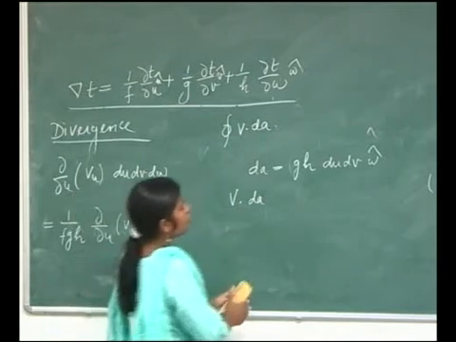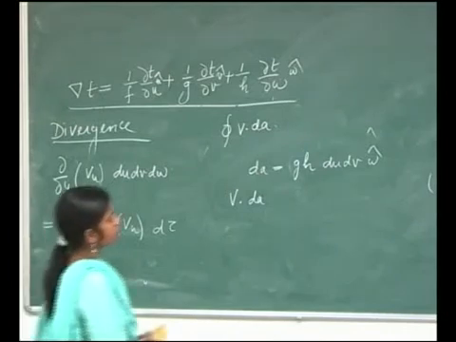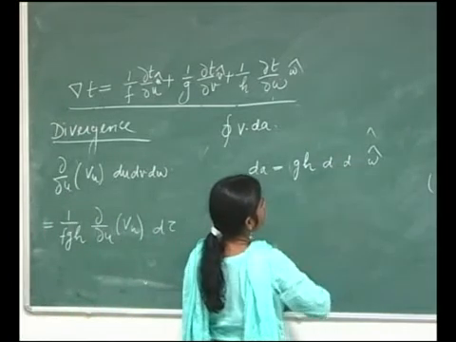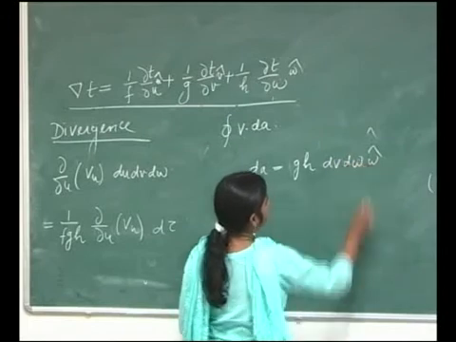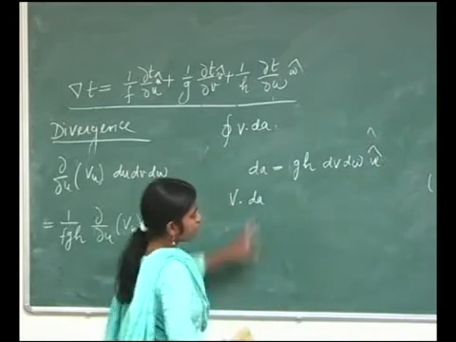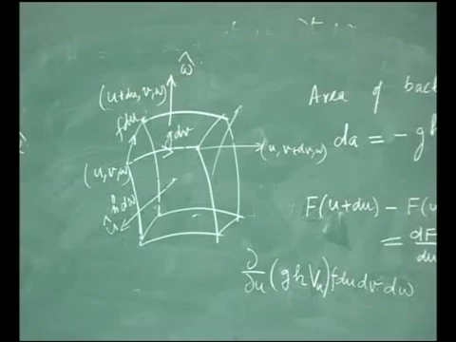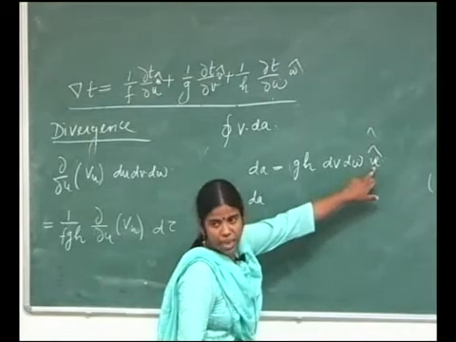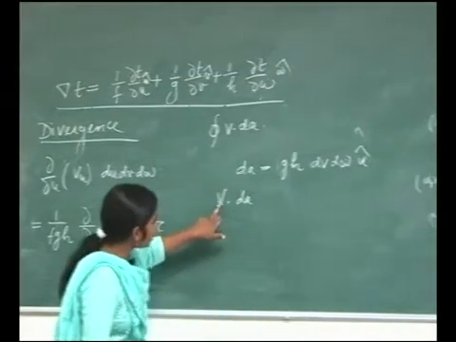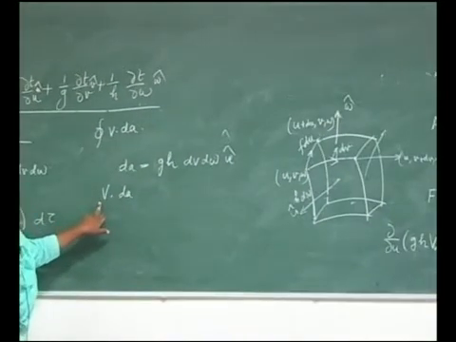What is V dot dA? Tell me. We are taking this area of this surface. Area of this surface is GH dV dW U cap. Okay. Now what would be V dot dA?